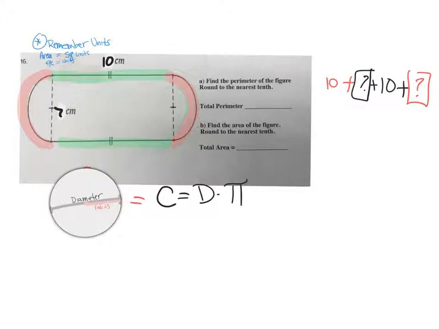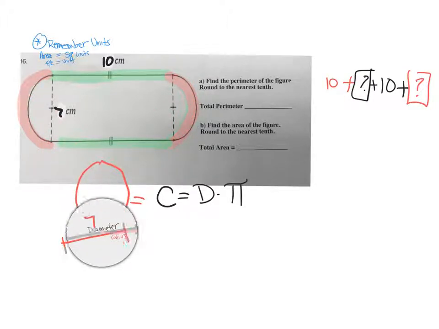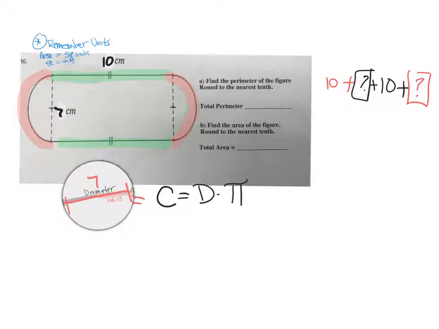This distance is the diameter of that whole circle. That means that the circumference, which is the distance around that whole circle, so one more time, this distance plus this distance together is the distance of the whole circle around, and that is called the circumference.